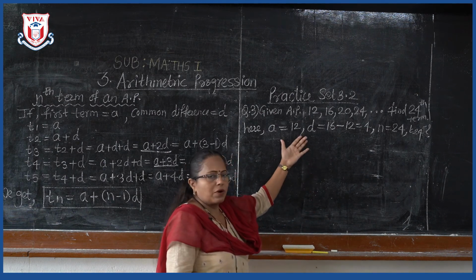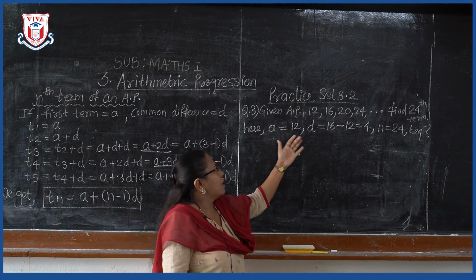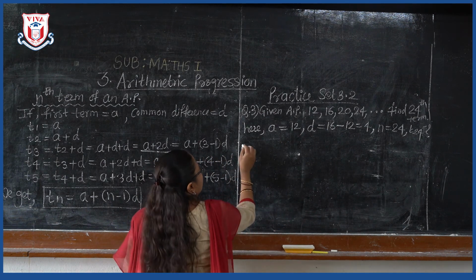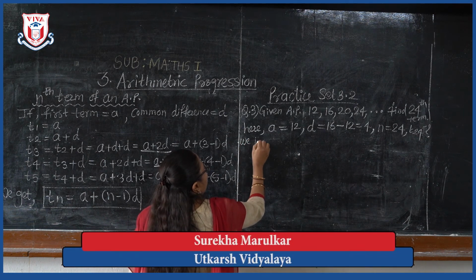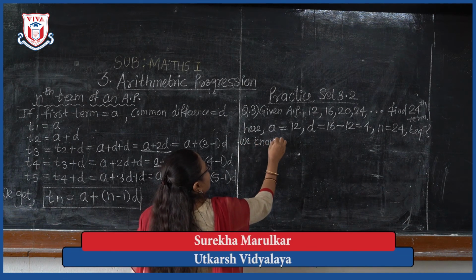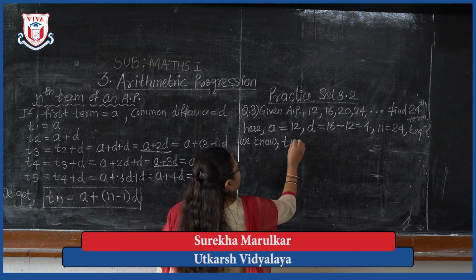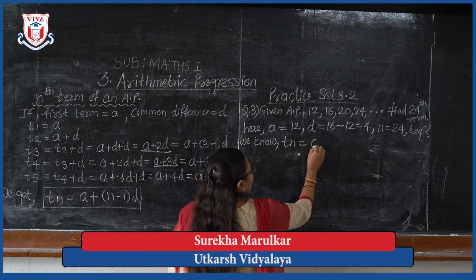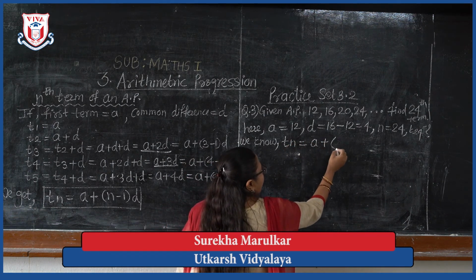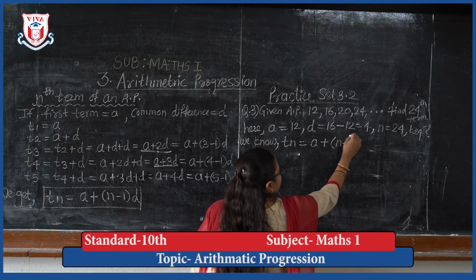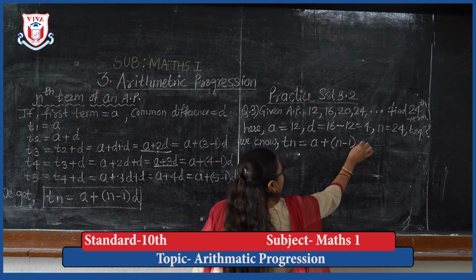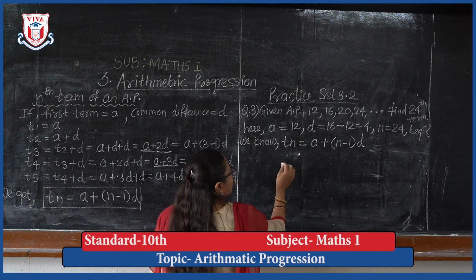So this way first we have to write the values. Now we will write the formula. We know the formula: Tn is equal to A plus bracket n minus 1 bracket close into D. We want to find the 24th term.